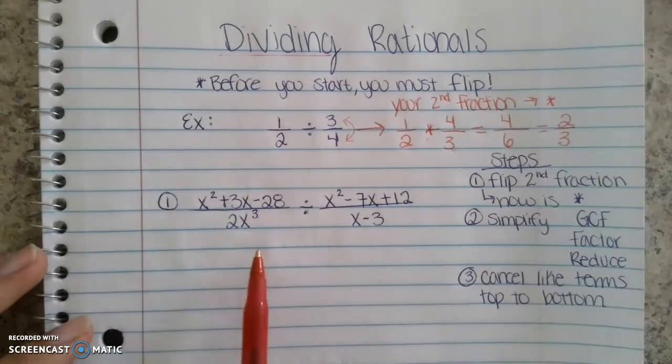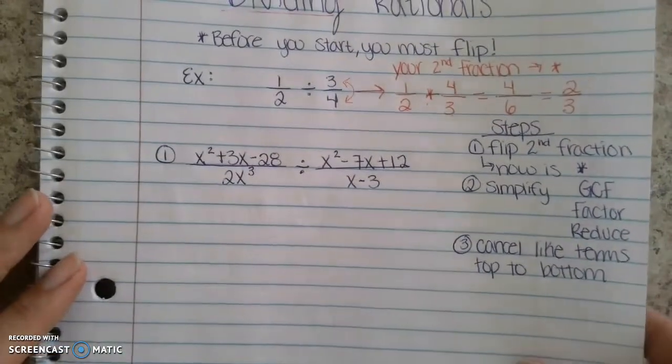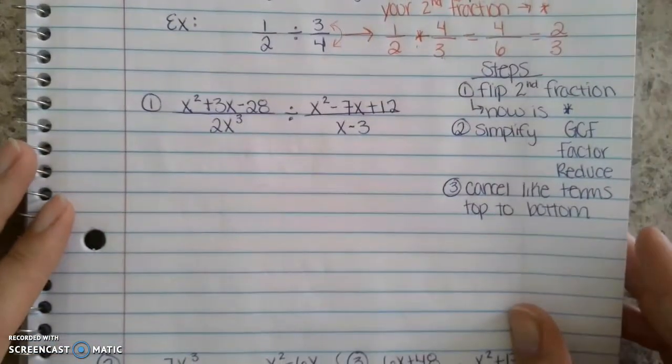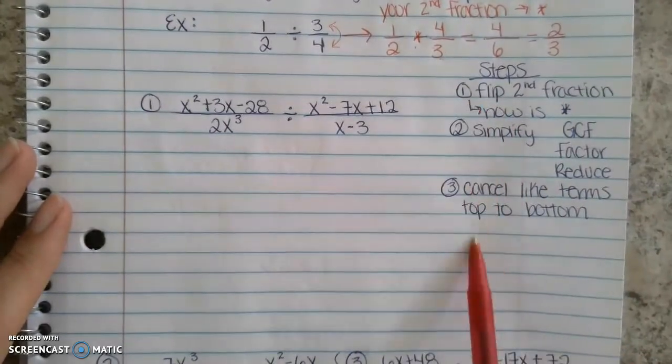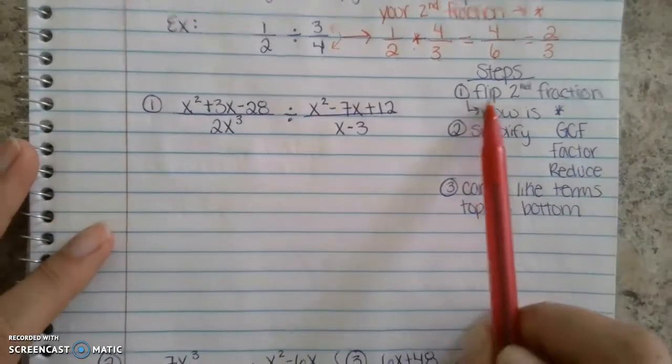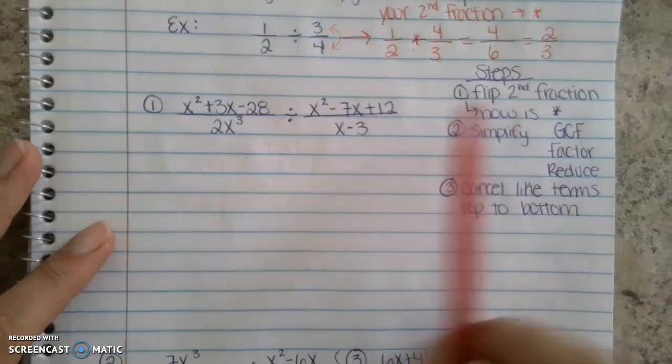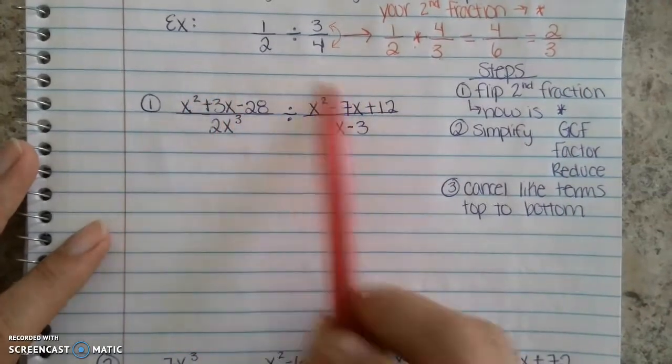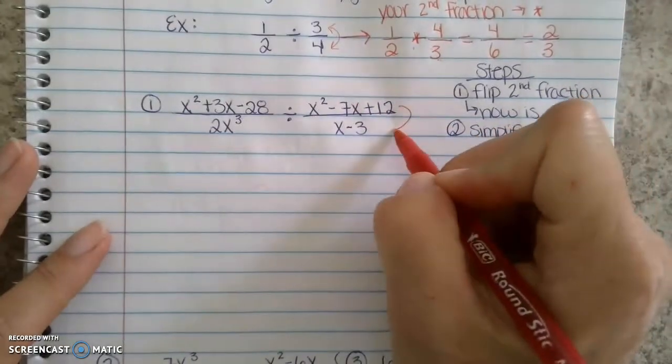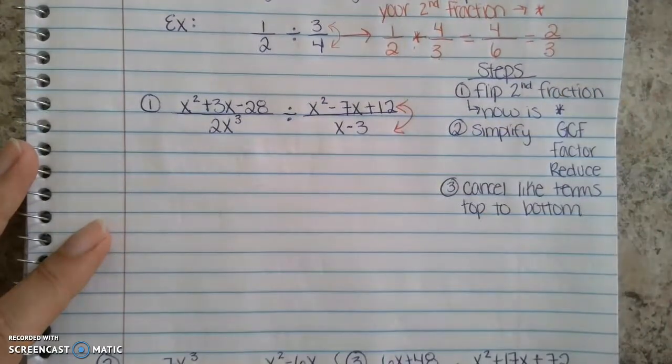Let's look at this first example. Same steps as before, but now I have to flip my second fraction. So I'm going to rewrite this whole problem, but take the second fraction and flip it.